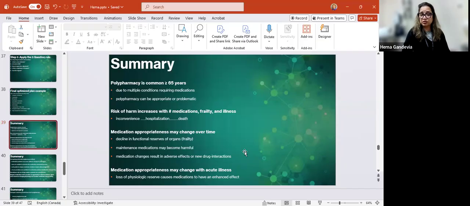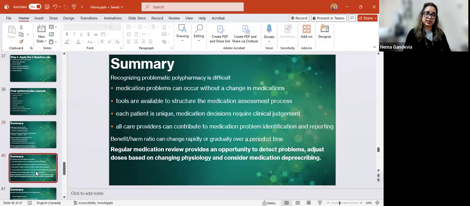So we have to make sure that when they're acutely ill and older, we look at it and dose according to the age group. To summarize, recognizing polypharmacy is sometimes difficult because medication problems can occur without even a change in medications. Changes in people could lead to issues too.